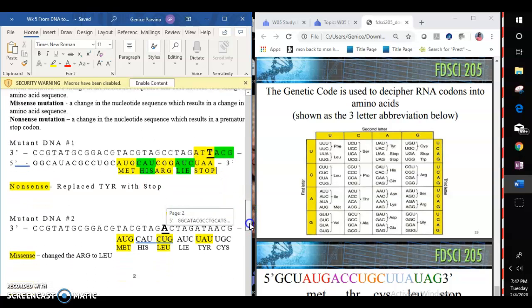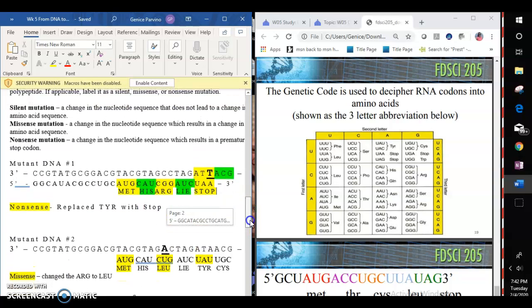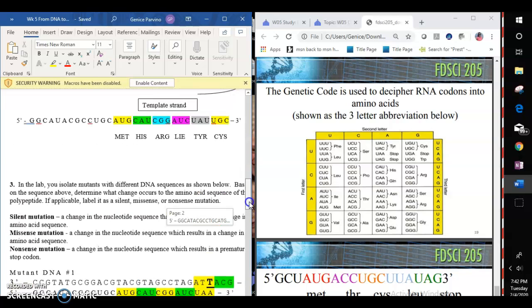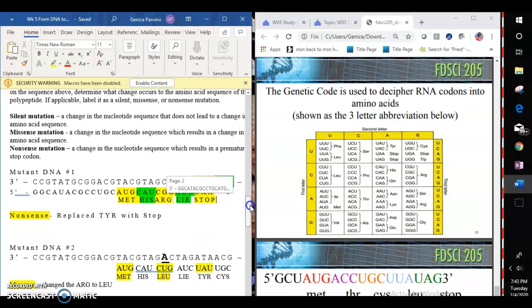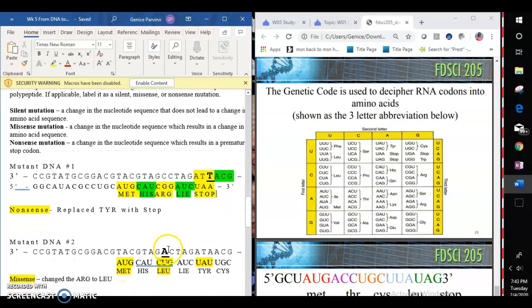The second one has a different mutation, and again we're working off that same original strand. This time they change, let's see what this was before. We had a GCC, but they're changing it to a GAC.